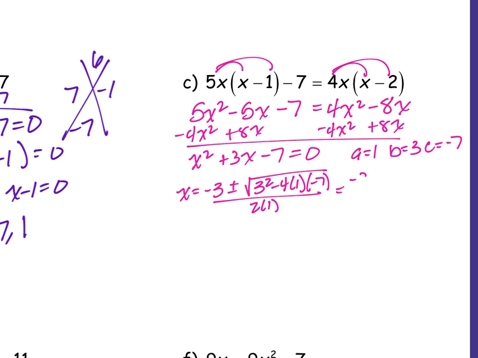Which is going to equal -3 plus or minus the square root of 9 plus 28 divided by 2, which equals -3 plus or minus the square root of 37 divided by 2. Done. I don't have to put it into decimals. I can just leave it like that. Yeah, it's awkward. It's weird. That's it. It is 2 answers because I have a plus or minus there. Okay?